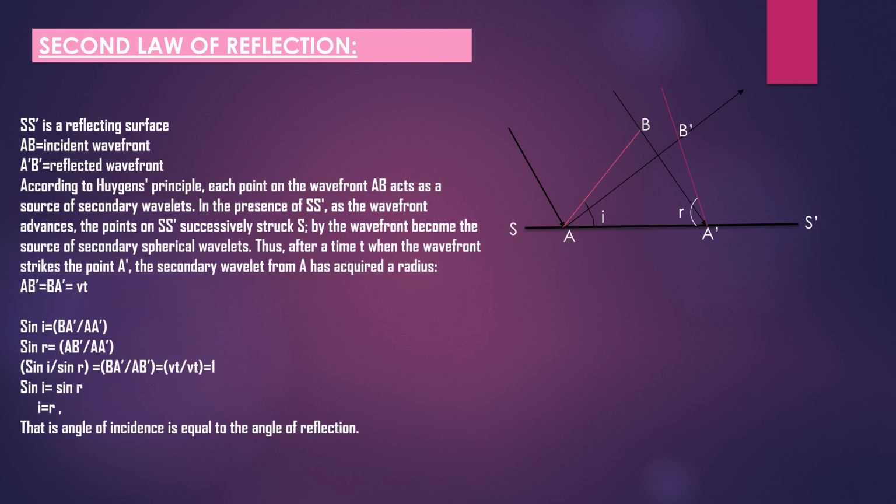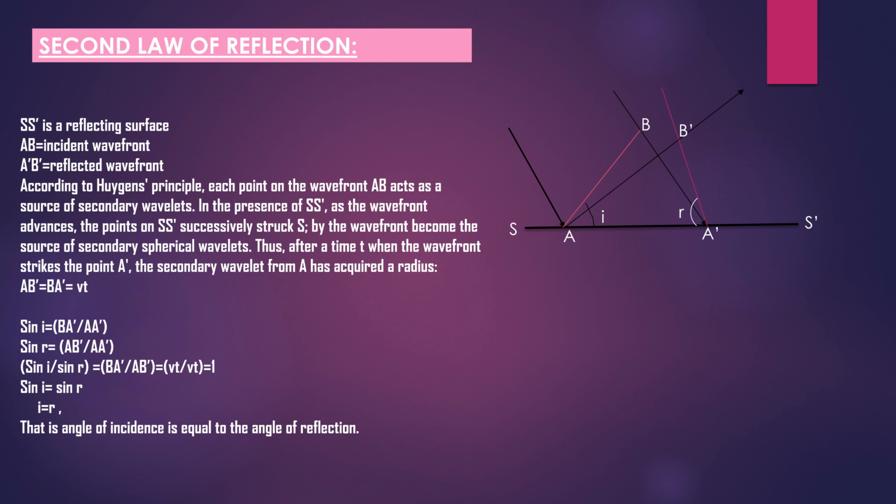Okay. Now we'll use trigonometry. We'll find sine I, which is equal to B A dash divided by A A dash, and sine R, which is equal to A B dash divided by A A dash.